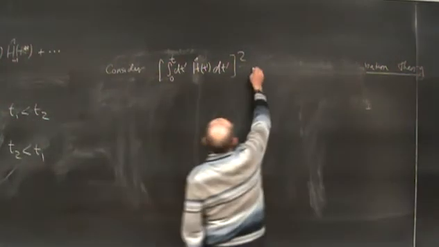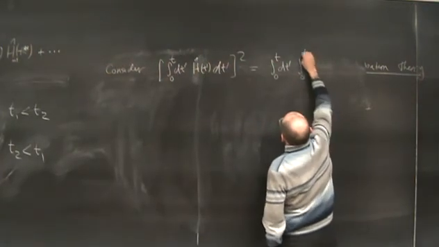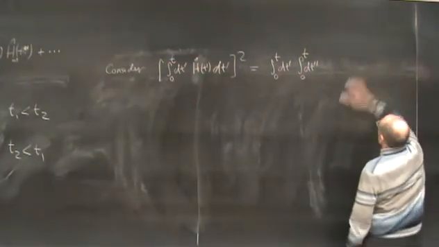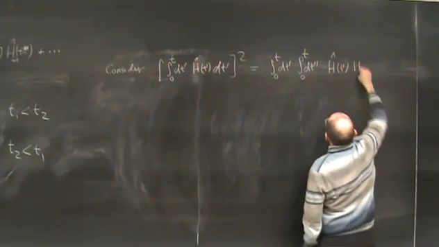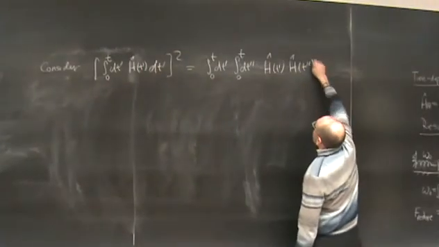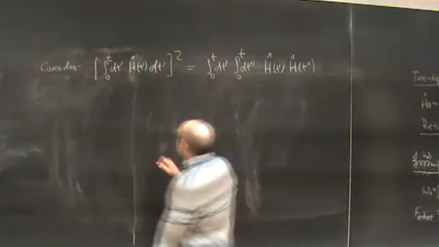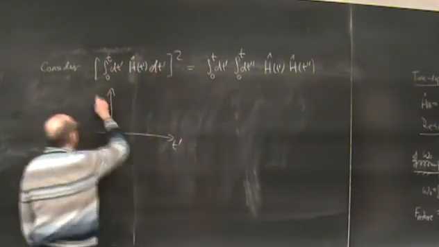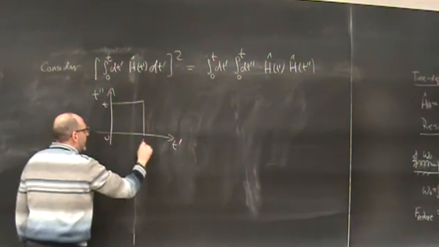So that is equal to, just writing it out, an integral. If I think about the parameters, there's t prime and there's t double prime, and we're integrating from 0 to t here and 0 to t here.